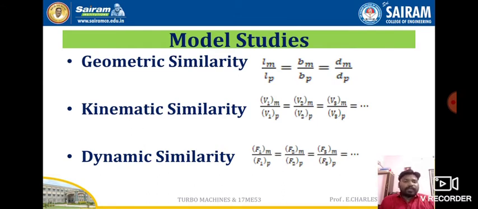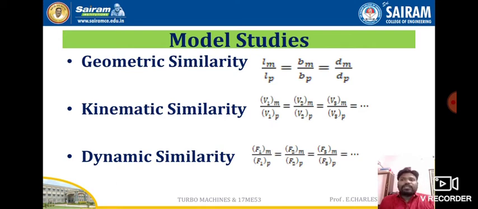That is nothing but kinematic similarity. For example, V1_M by V1_P, V2_M by V2_P, and so on. These are the velocities for the model and prototype, the resultant velocities at the corresponding points in the model and prototype. So this is all about kinematic similarity.